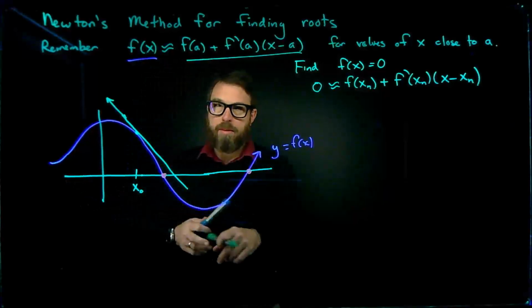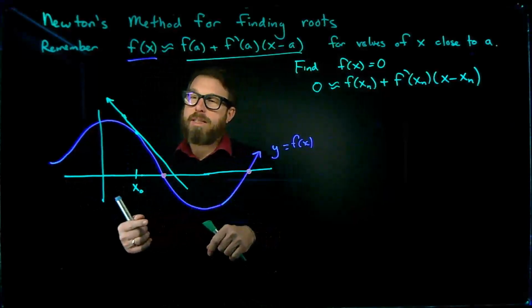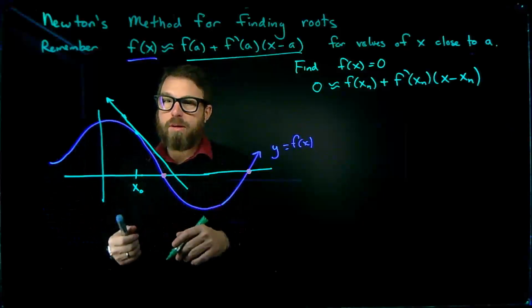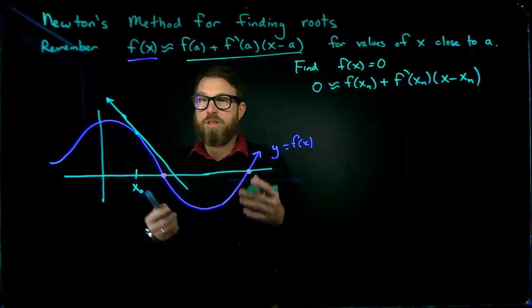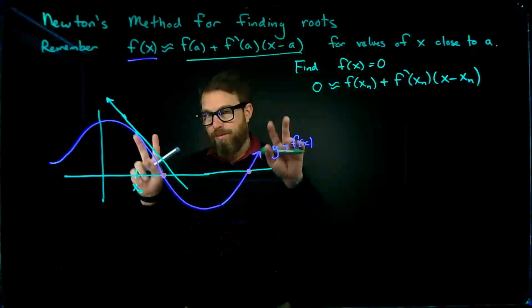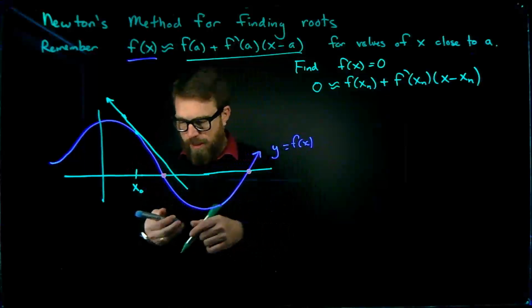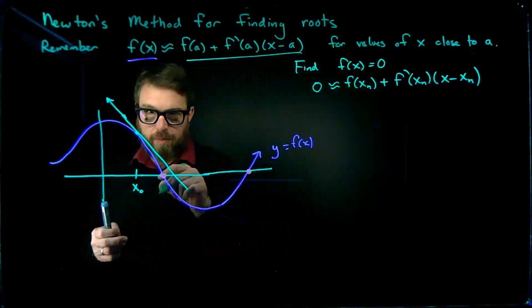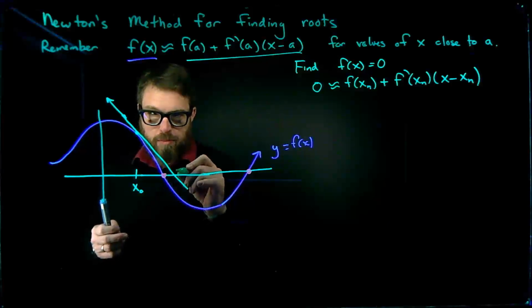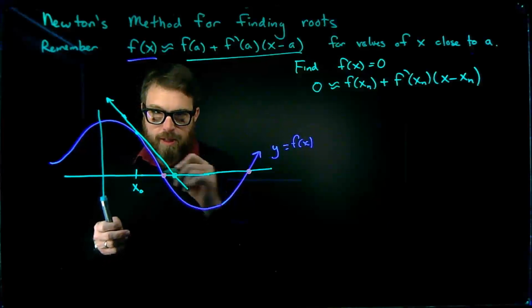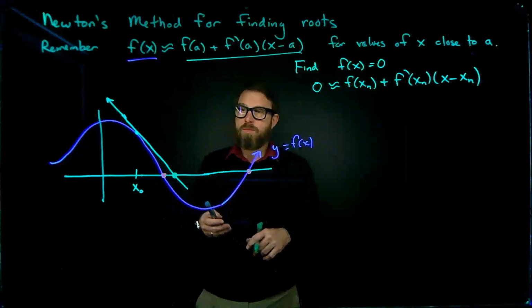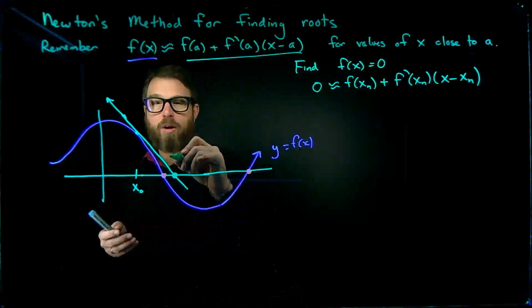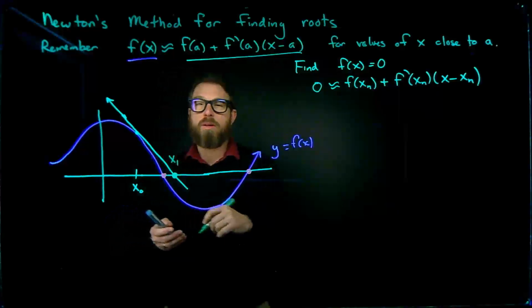Okay, so now since these two functions are very similar, they're going to be 0 at very close spots. Well, kind of close spots. So I can see that the 0 of the blue function is this pink, and the 0 of the tangent line ends up being this. Now this thing ends up being our x sub 1.